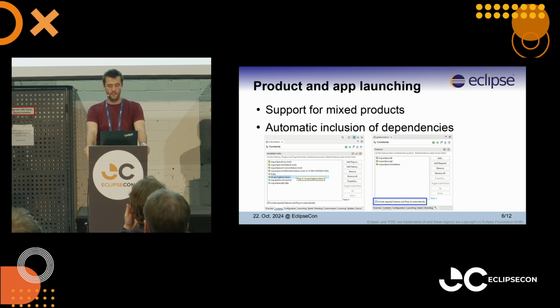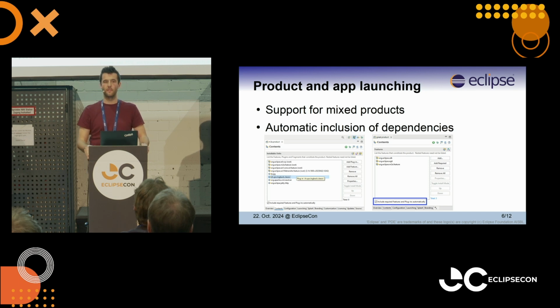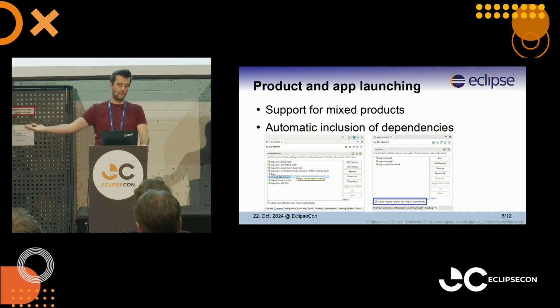It is also possible, in an application launch and if you launch a product from the workspace, to automatically include dependencies of your products into the launch. Before that, only the plugins and features that were included in the definition of your product, respectively application, were included in the launch, which led to the requirement that your products, launches and applications always had to be self-contained, which means that you had to add all your requirements manually.